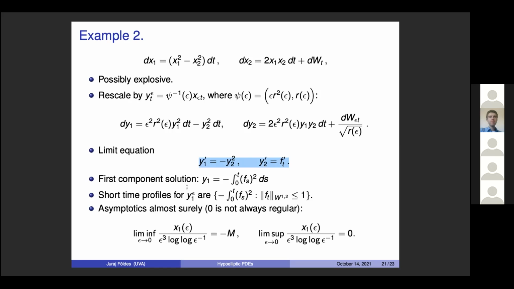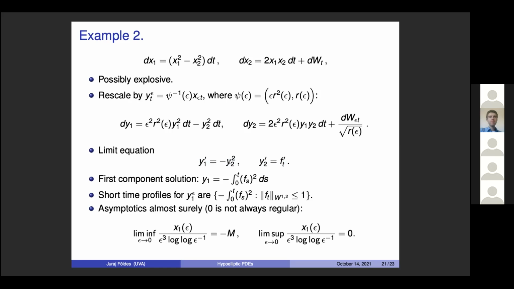So for short times, the main theorem is telling us the profiles are exactly these functions. That's the limit set, exactly the solutions of this equation, where the norm of f is less or equal than 1. So you see, in particular, this integral is bounded. There's no blow up. And then we are getting pretty much any reasonable value m, but it's always negative.